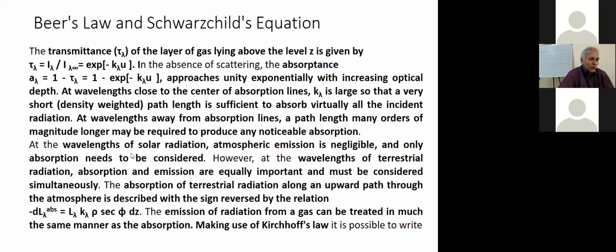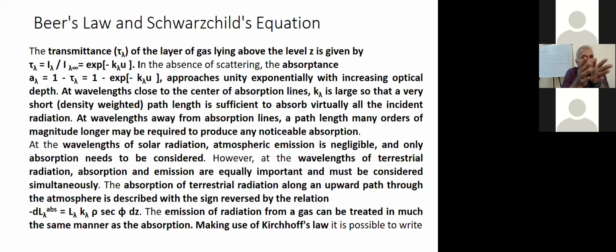As far as the absorption of terrestrial radiation in the atmosphere is considered in the infrared part of the electromagnetic spectrum, one can use Beer's law like what you have used here. As far as the emission of radiation in the infrared part of the spectrum from the atmosphere is concerned, one can treat, because we know that in the infrared part of the spectrum, we can consider the Earth atmospheric system to be a black body.